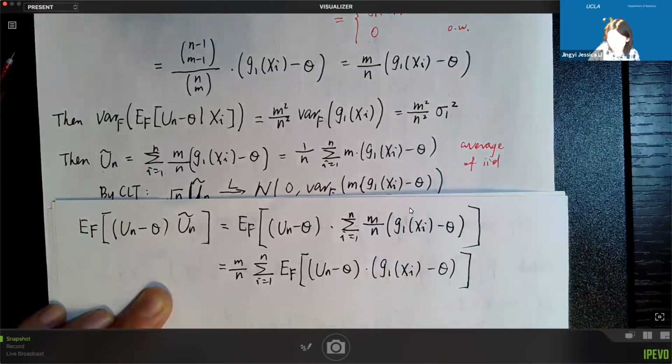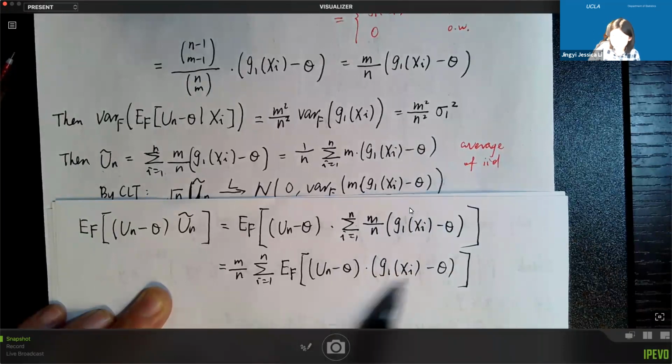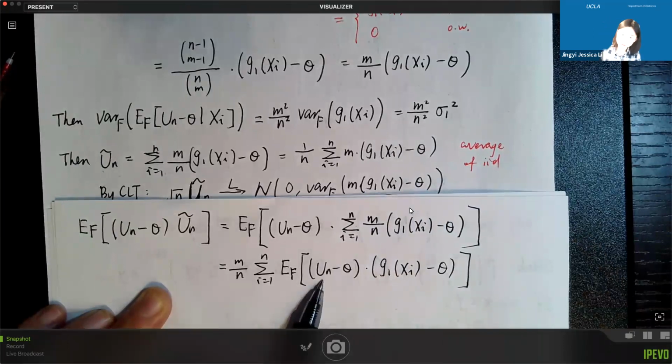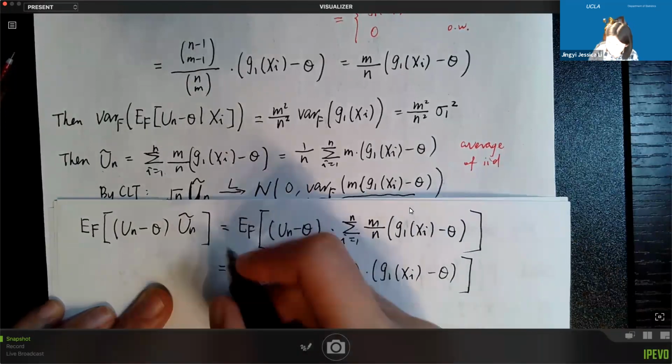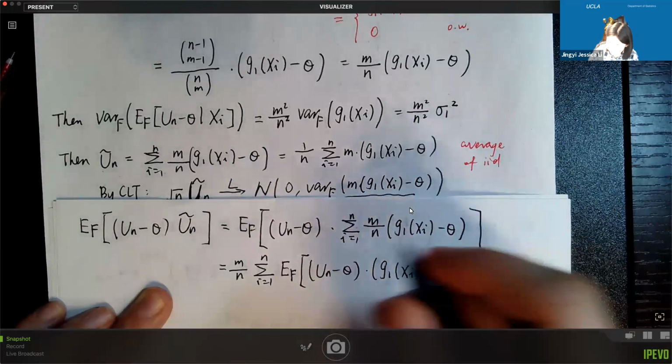Now we're going to use the conditioning trick again, because otherwise this seems too complicated. The definition of Un involves all the possible Xi's, which is very difficult. So we are going to do conditional expectation again.